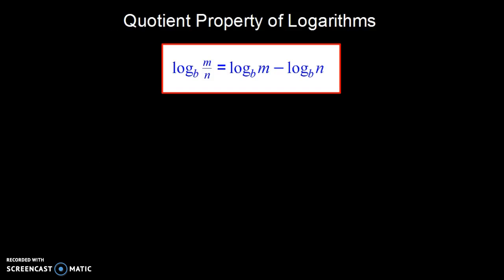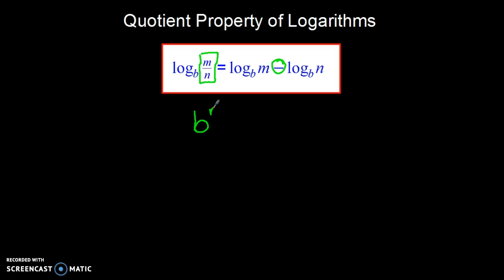The other property of logs I want to look at today is the quotient property of logarithms. This says pretty much the opposite of the product property. When you divide something inside of a log, instead of adding outside, you subtract. This works really similarly to what we have with exponents as well.